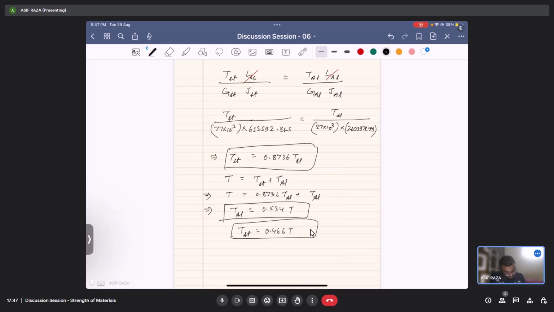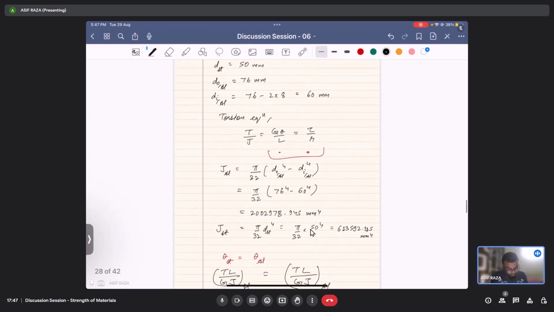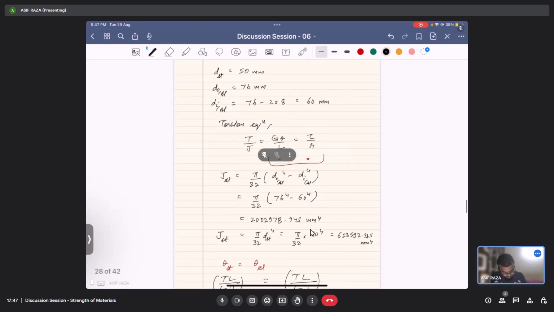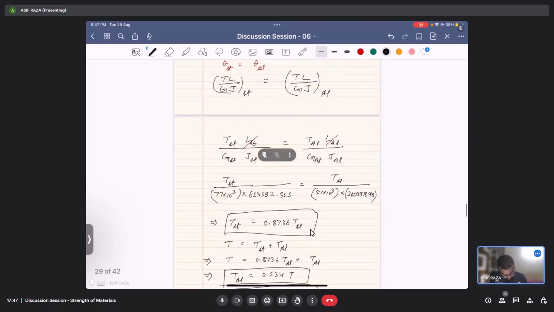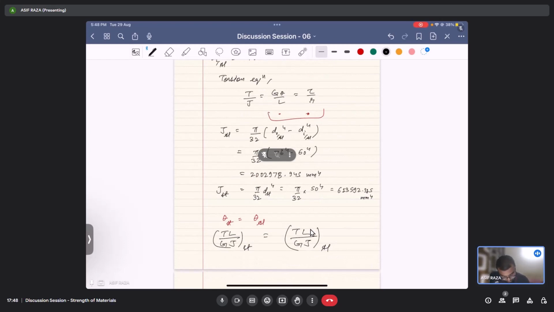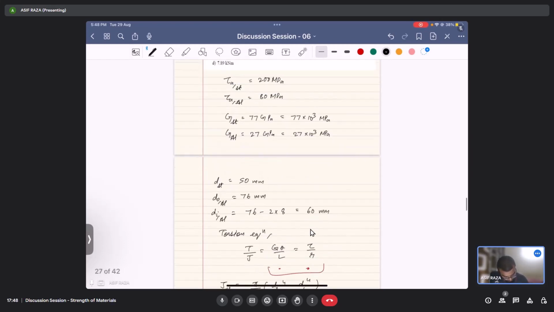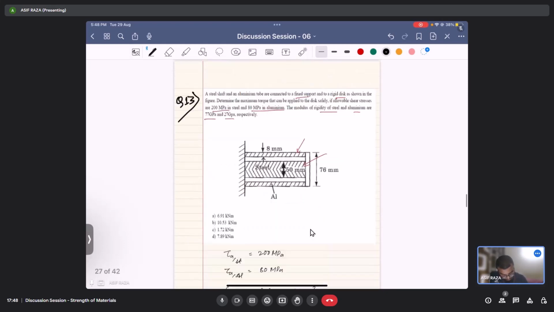Okay. Now let us use what we want to calculate. We want to calculate maximum torque, right?